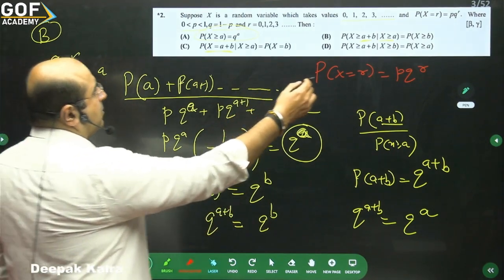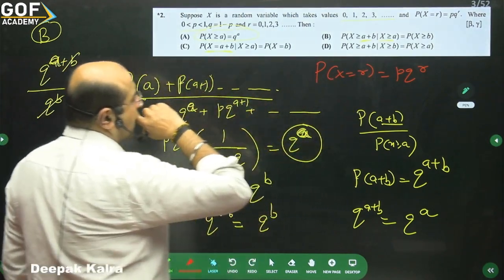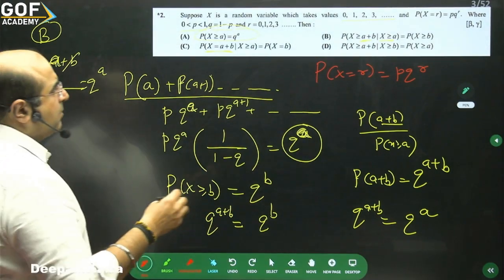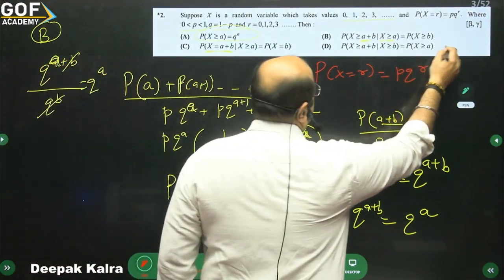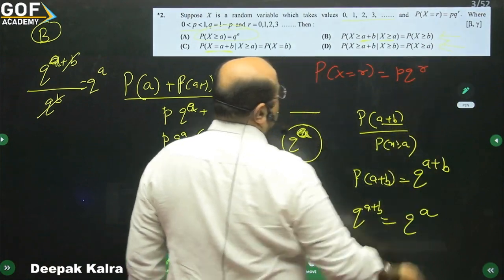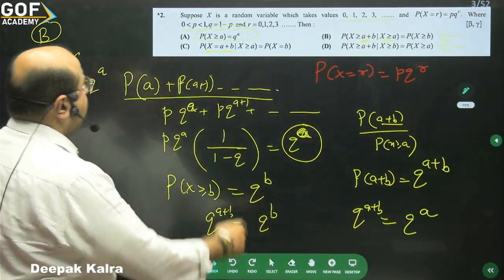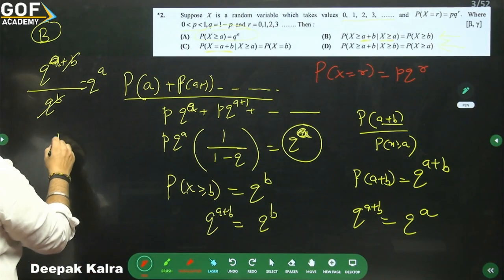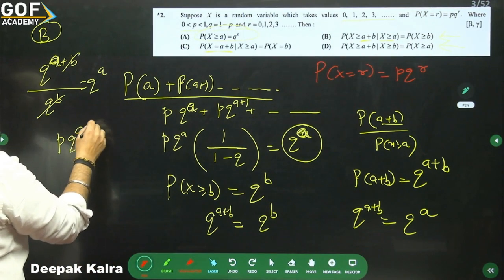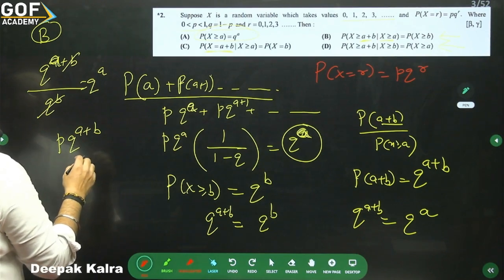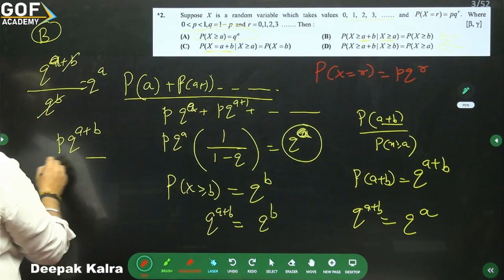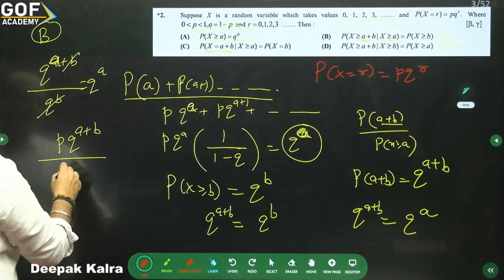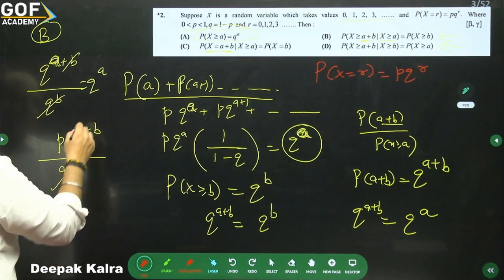So this is not going to match with anyone. This is not correct then. This is also not correct then. If only a plus b is there, your answer is p q raised to the power a plus b over P(a), q raised to the power a.